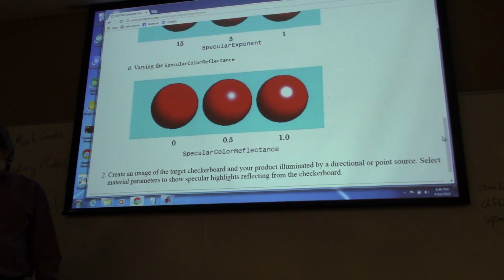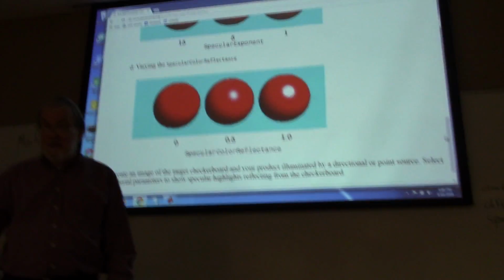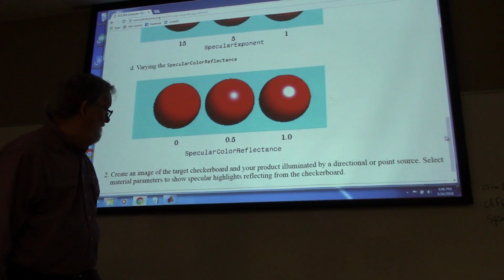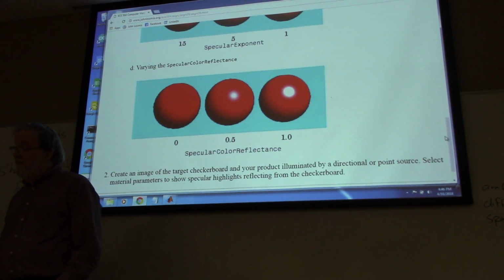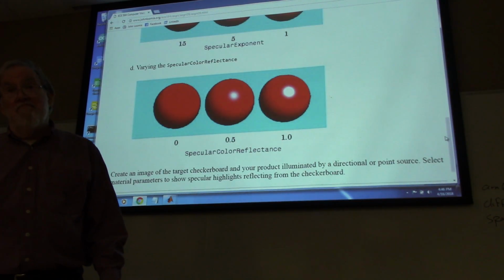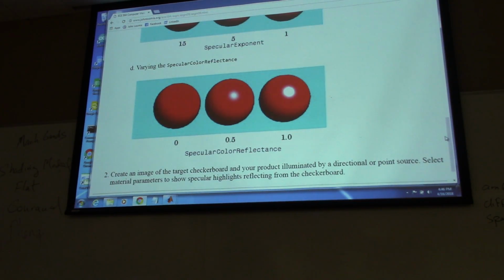Here's the specular reflectance. And again, that's varying between 0 and 1. So that's problem 1. It's just, generate some examples of lighting in MATLAB showing variations.